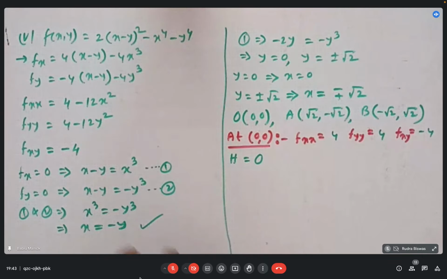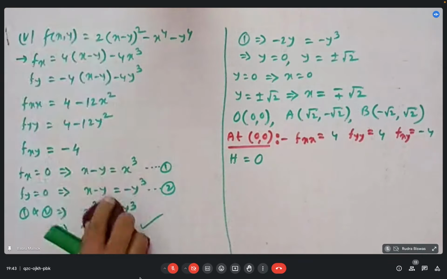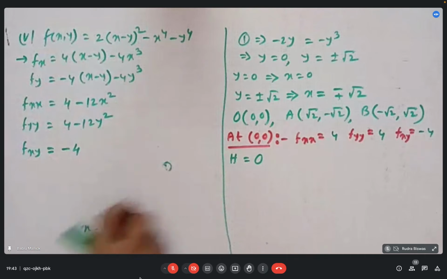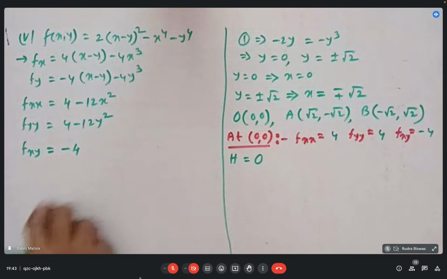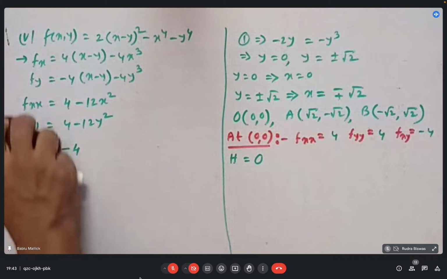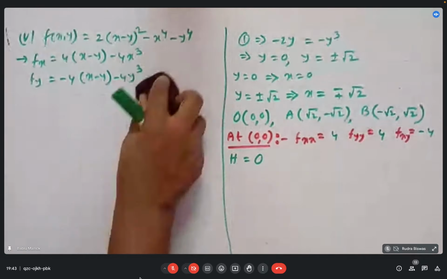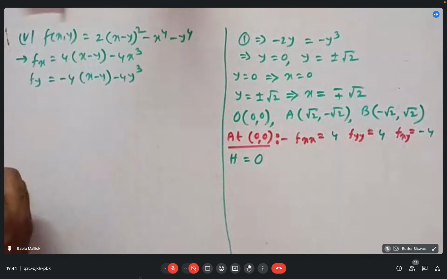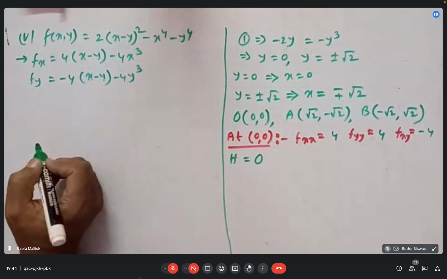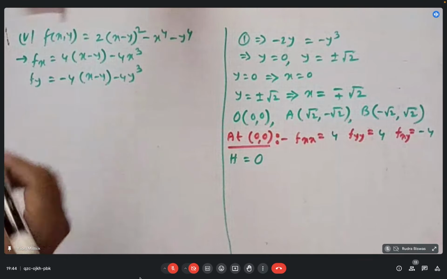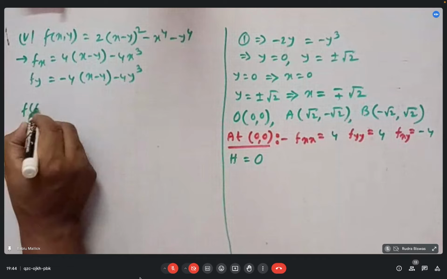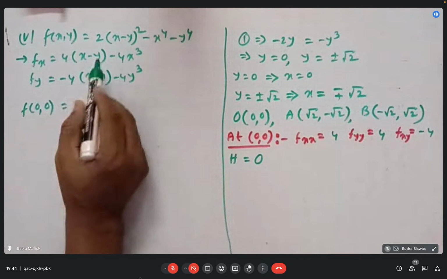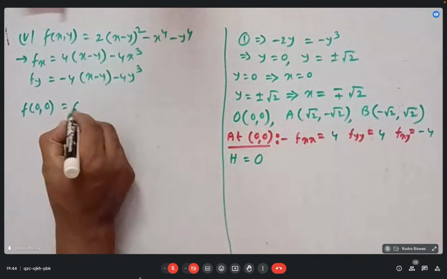How can I check? Look, we need further consideration. Okay, I erased these. Look, f of 0 0: at the 0 point, f of 0 0 is equal to 0.